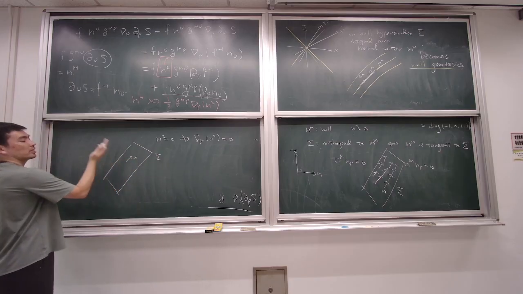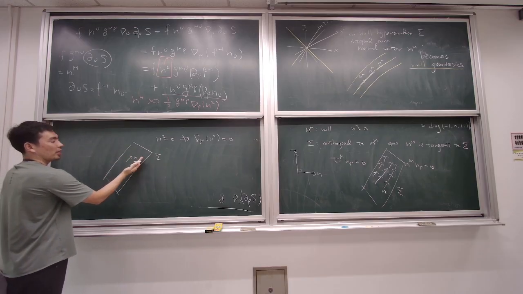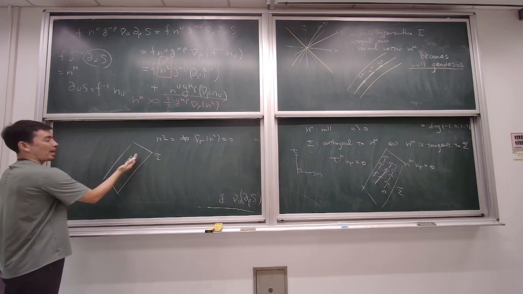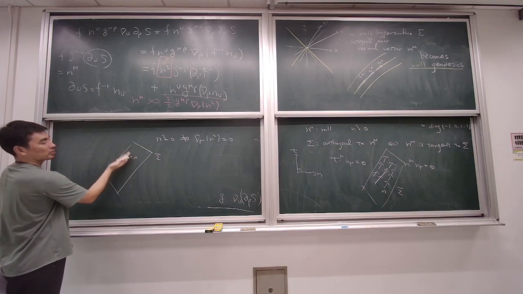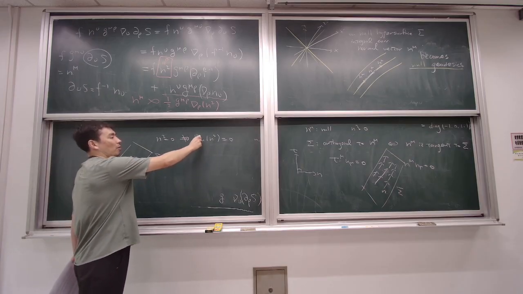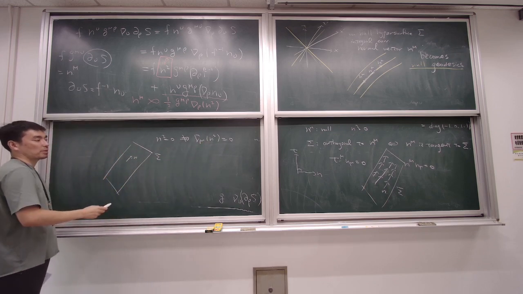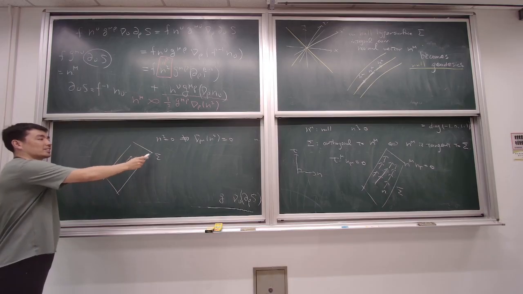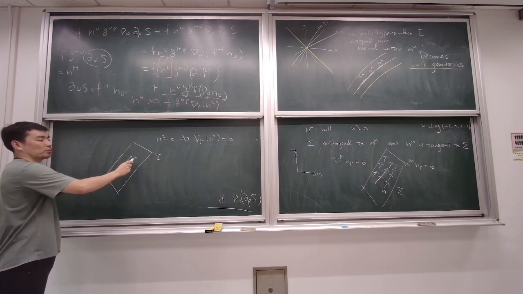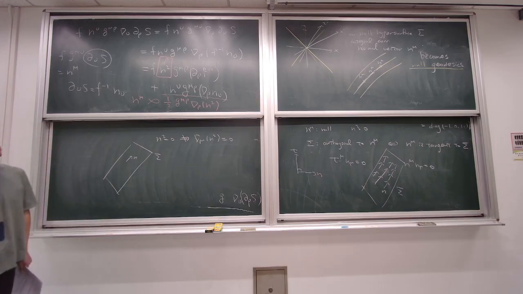But if you change to a different direction, if you change sigma so that n is orthogonal to sigma, then n square is no longer 0. So del mu n square is really normal to sigma. But we know that the normal to sigma is proportional to n, so it should be proportional to n. So that's the logic of how you define this.